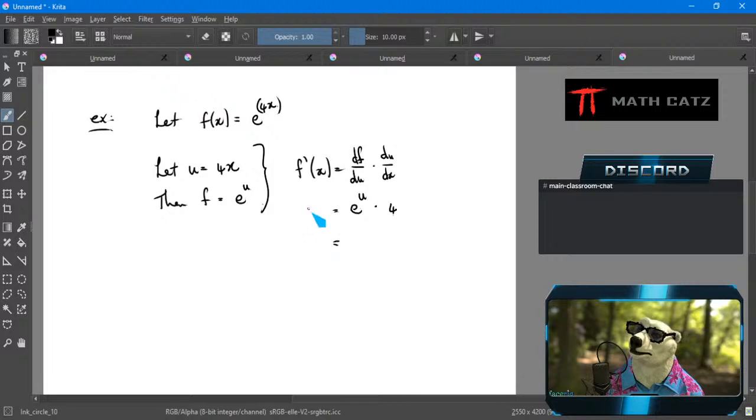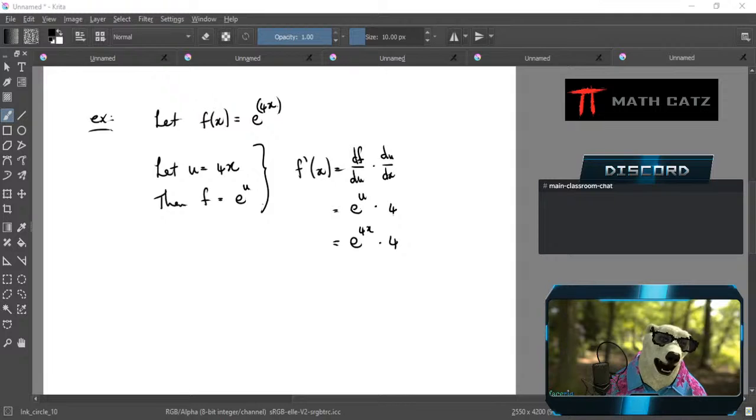And then finish it by replacing u with what it is in terms of x, and you're done. So in the case of the exponential functions, it's a little more difficult to recognize where the chain rule is, where the function of a function is, because we don't have the brackets essentially giving it away.